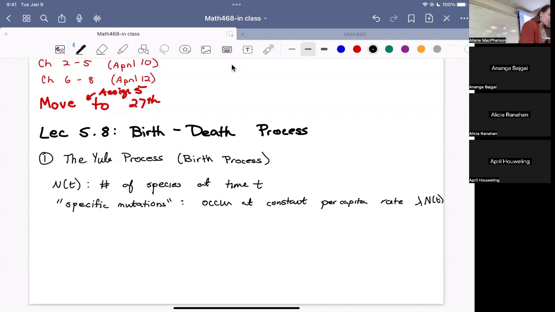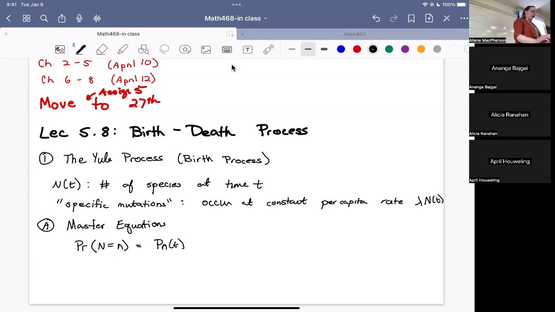Okay, the master equation approach. So when we think about master equations, we're trying to create a system of differential equations that gives us the probability of having some number of species at any given time. So we're trying to calculate the probability that N is equal to n, which we're going to write as P_n at time t.